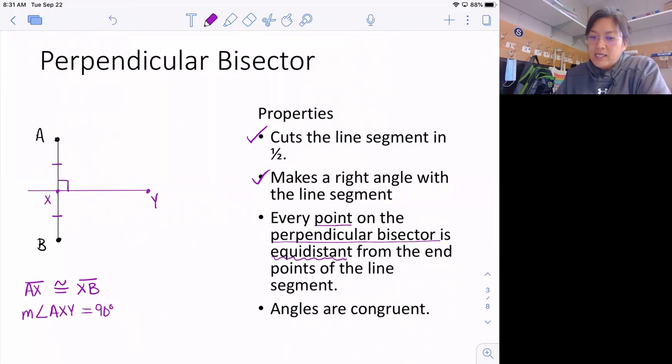Now, this one seems a little bit foggy, maybe a little more challenging. So let's say that we have this point Q. What this property means is that from Q to B and from Q to A, these values are the same.